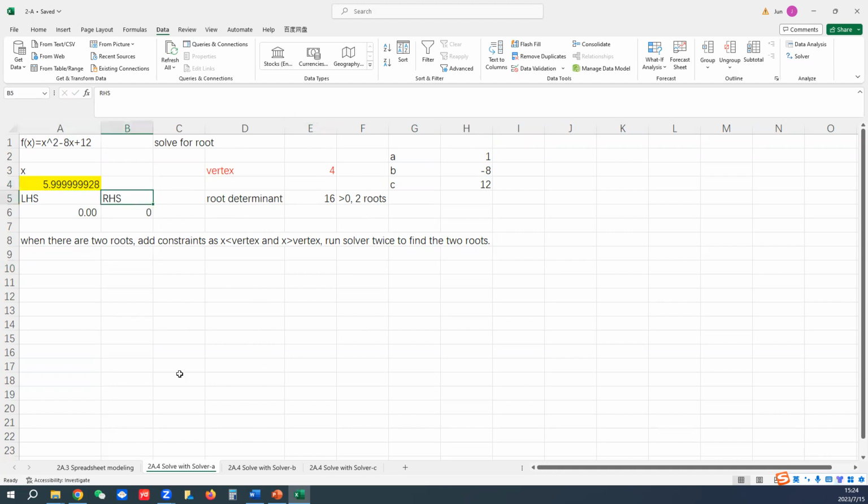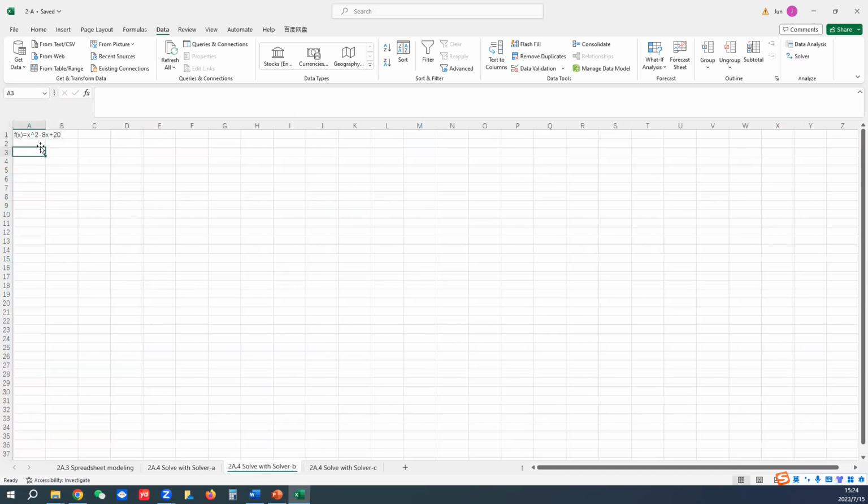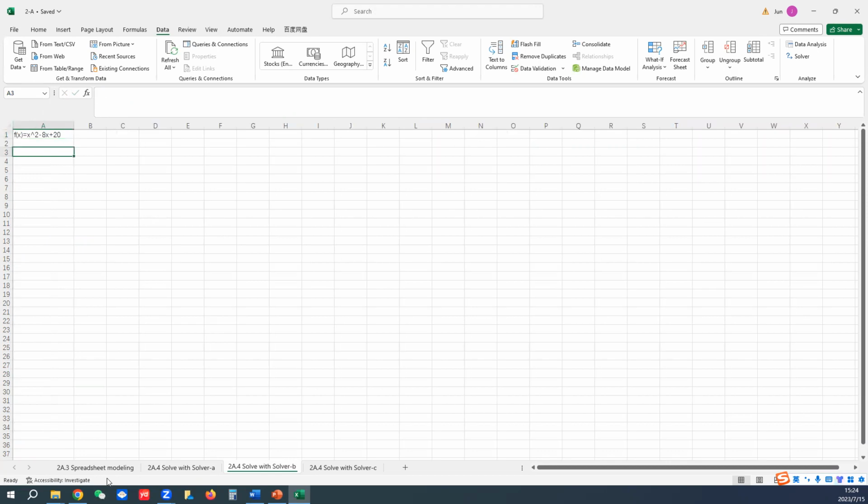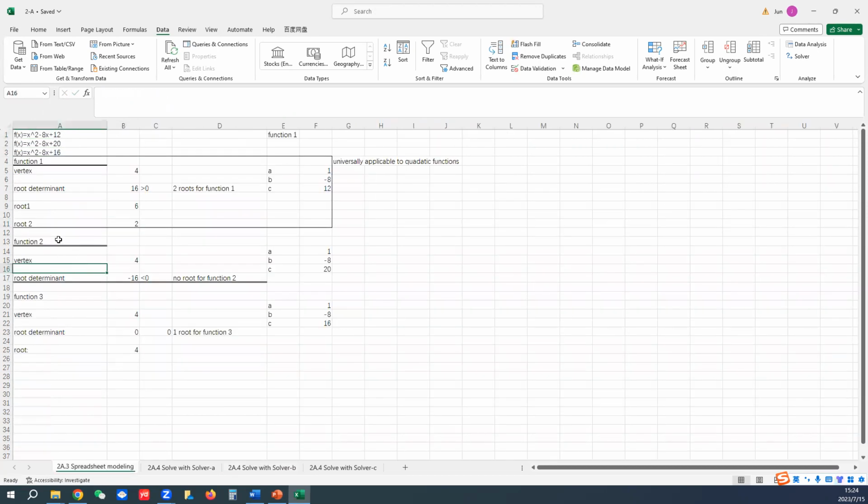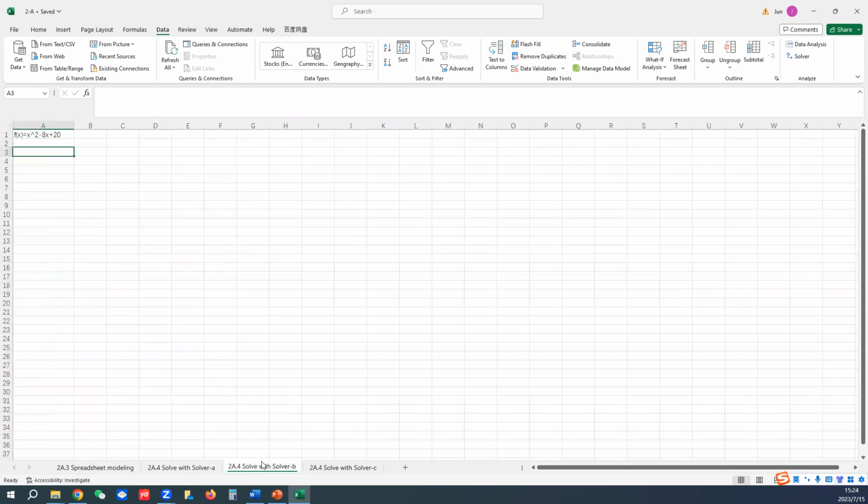So here, this is the first case. The second case is this one. As we previously solved out, this one, function 2, has no root. So let's just test it out. We have x, left-hand side, which is the function value, and right-hand side, which is 0.